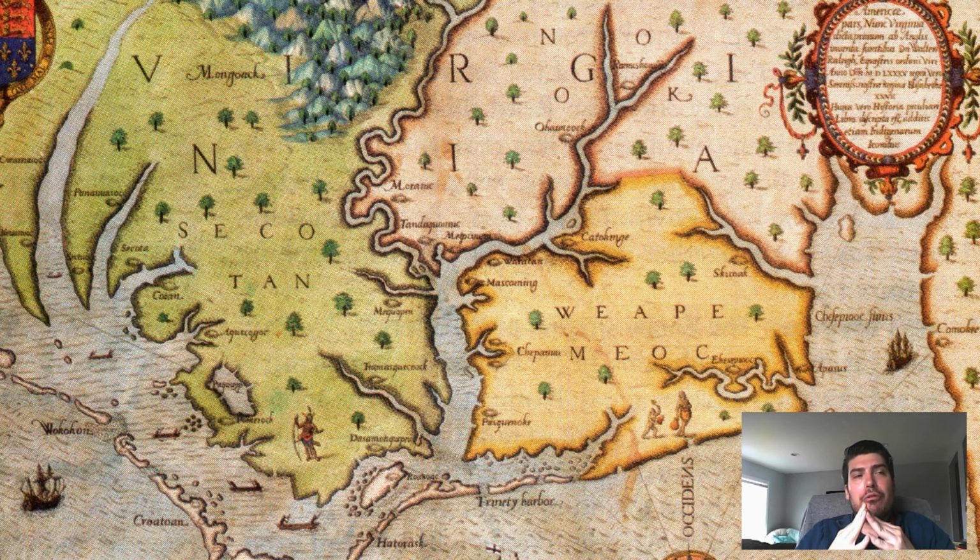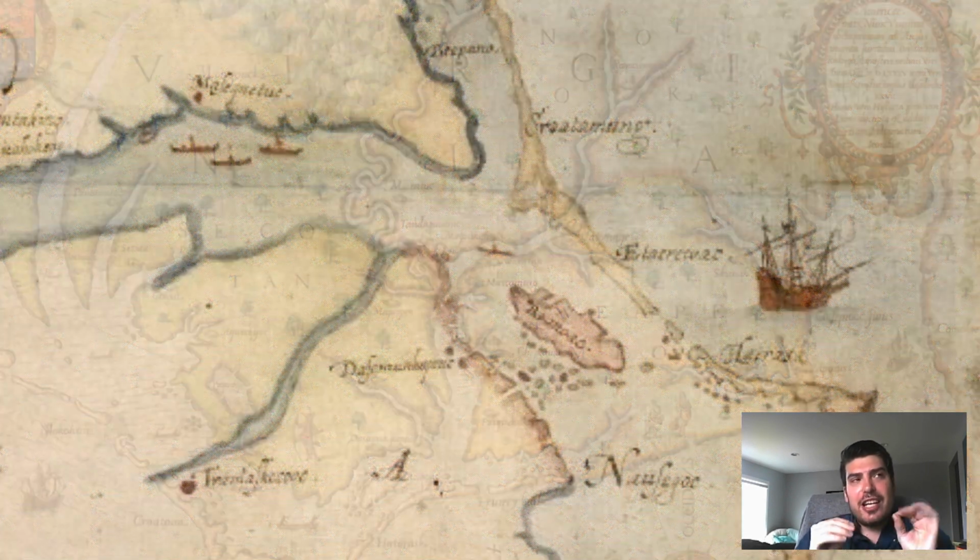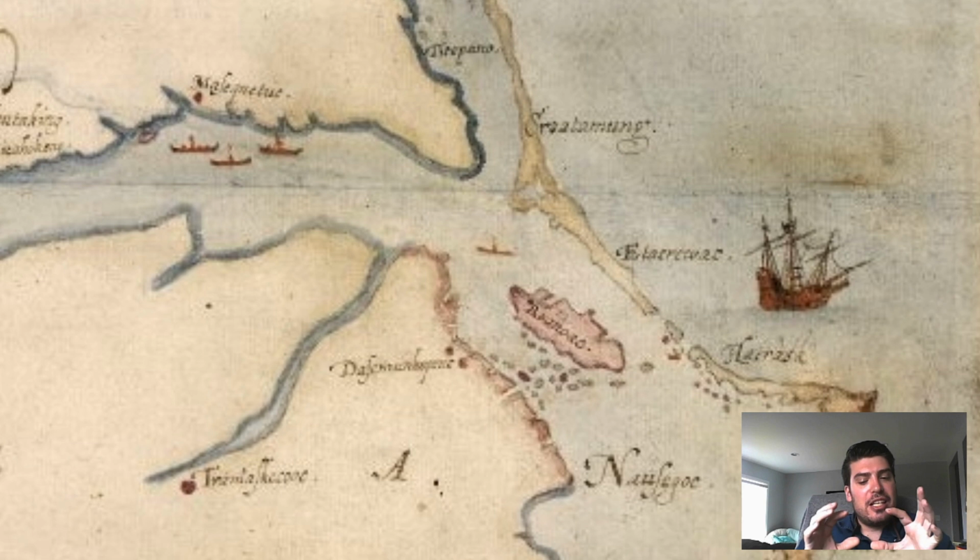And if you follow the river all the way down to where it empties out into the ocean, you find Roanoke Island. Very interesting that that island is named Roanoke Island, and you have that connection with the river. I don't know how familiar you guys are with Roanoke Island.